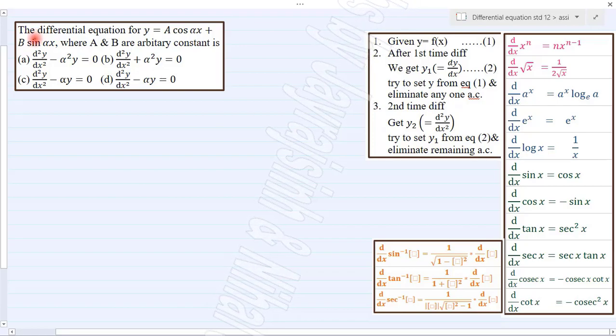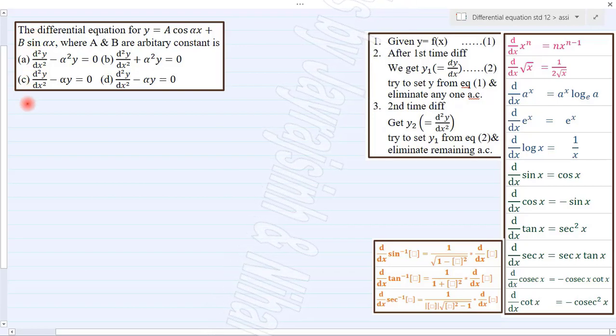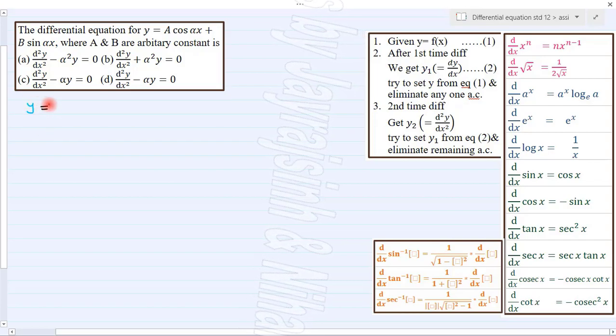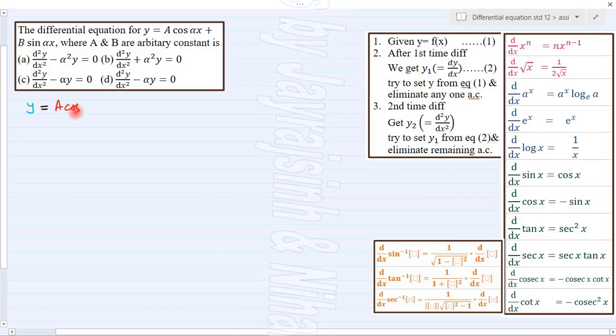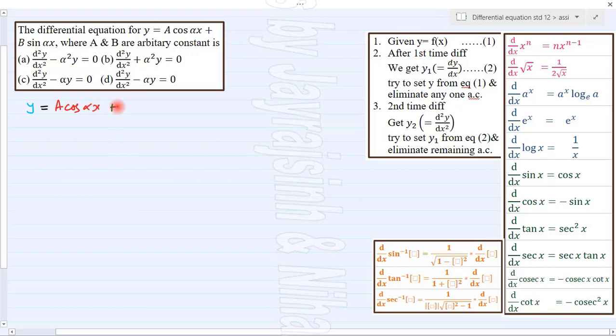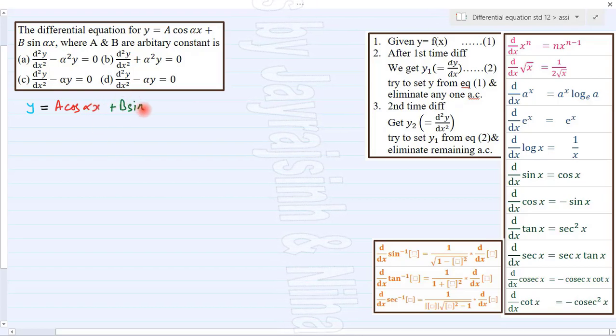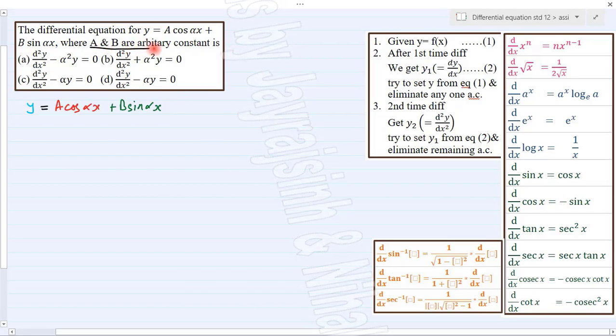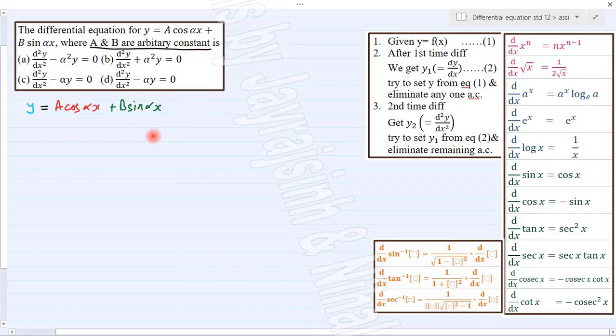Here we have to find the differential equation of y is equal to a cos alpha x plus b sin alpha x, and a and b are arbitrary constants.